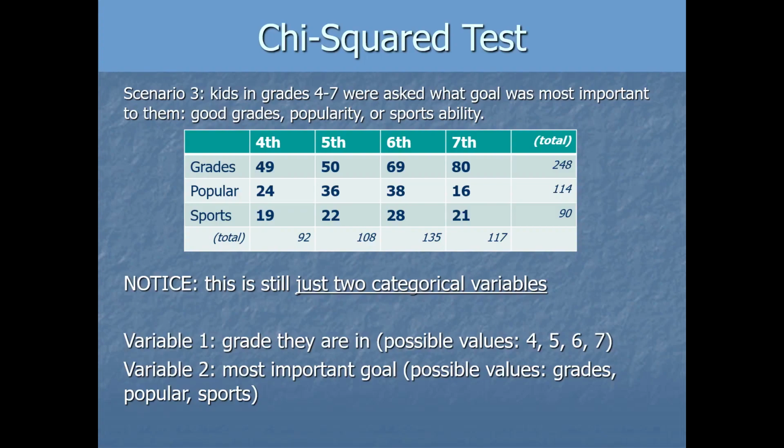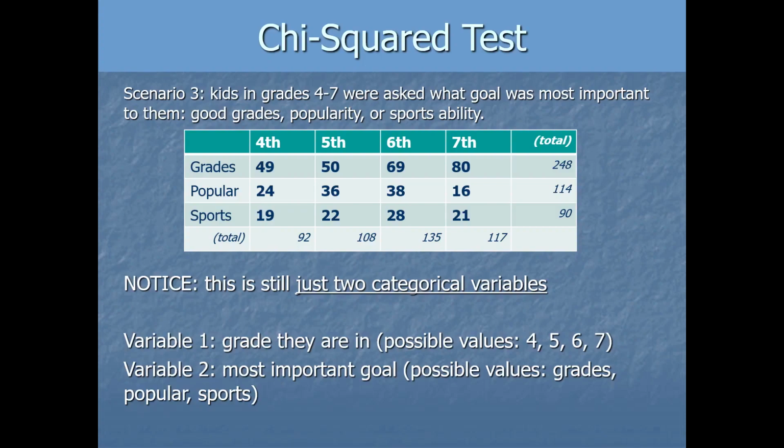If we want to test whether grade level relates to someone's goal priority here, we would do the same thing we did before. We would calculate a chi-squared test of association to see if it's statistically significant. If it is, we would reject the null and conclude there is a connection between grade level and your goal.